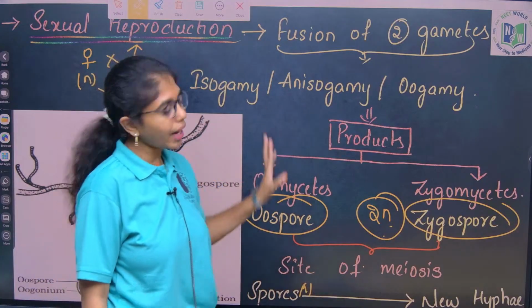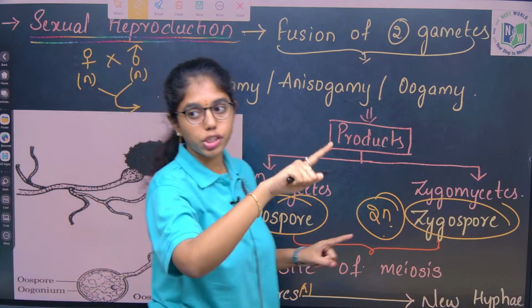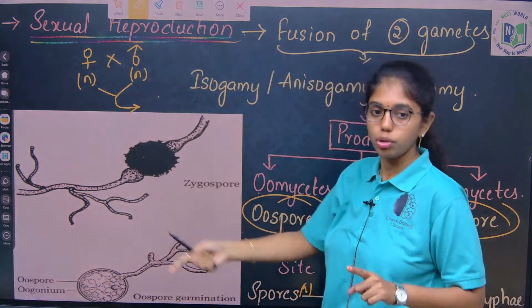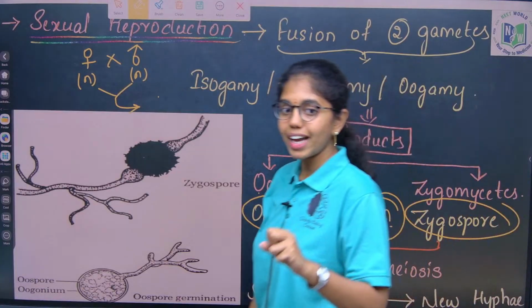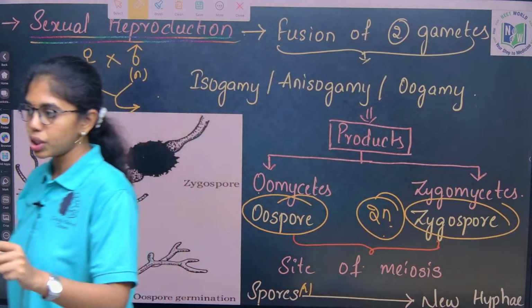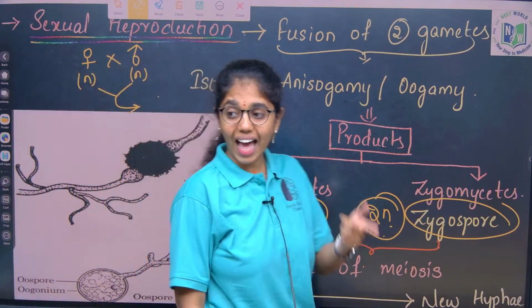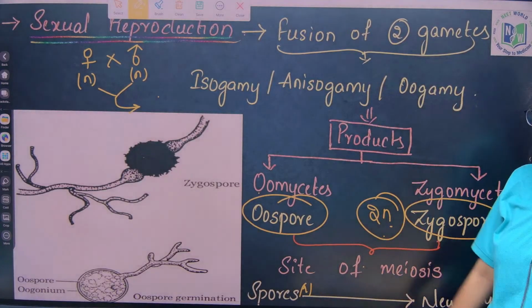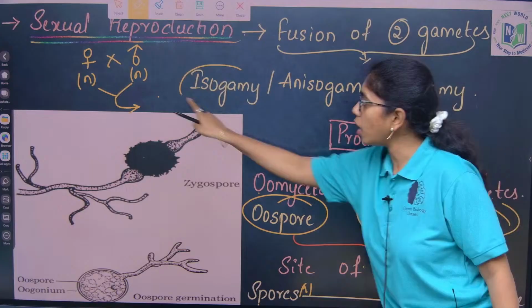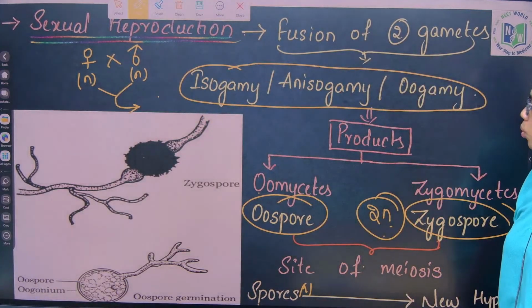So what all do you have to remember from this slide? Phycomycetes is the primitive form of fungi, where you see the aseptate condition, that is coenocytic or multinucleated condition. This is also called algal fungi. Asexual reproduction is through zoospores and aplanospores. Sexual reproduction is through any of these 3 modes: isogamy, anisogamy and oogamy.